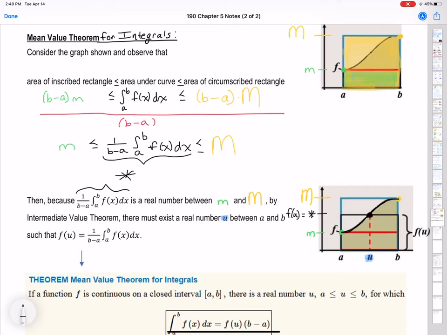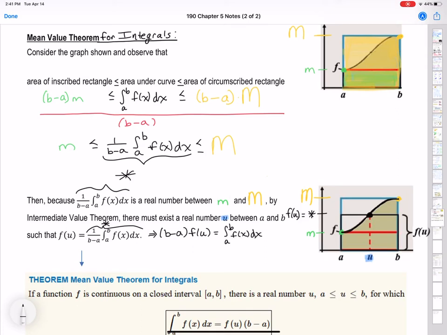All right, so what we have then is that there has to exist some u such that f of u is equal to this asterisk value, right? This real number value here between these two m's. So if I multiply both sides of this equation by b minus a, I would have b minus a times f of u is equal to my definite integral from a to b of f of x dx.